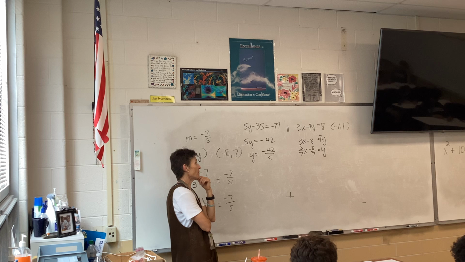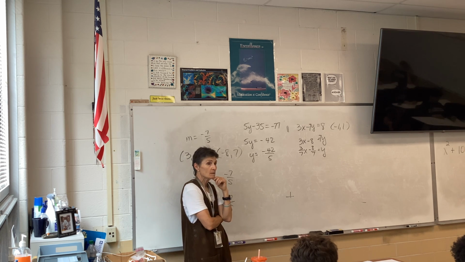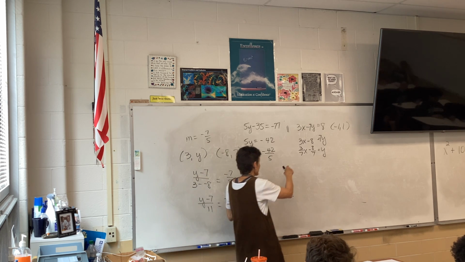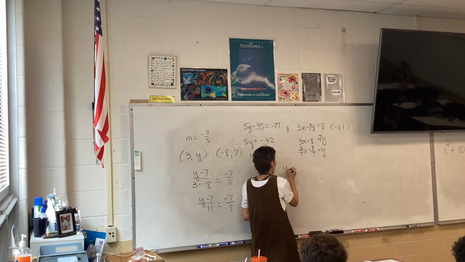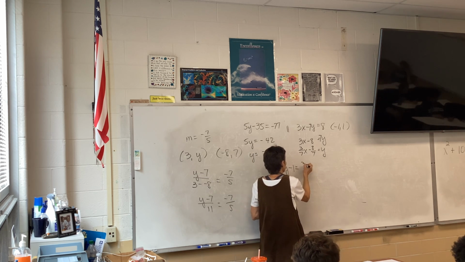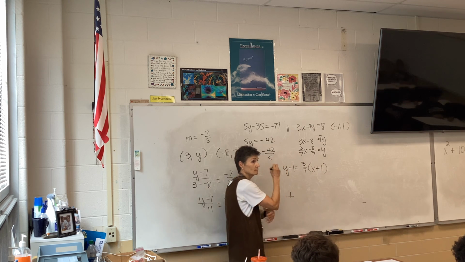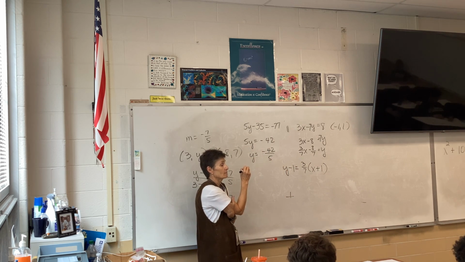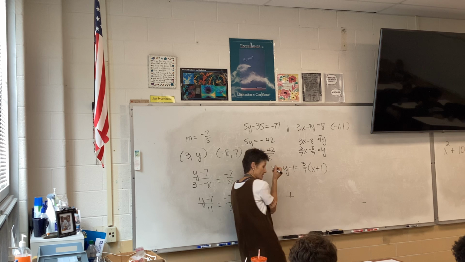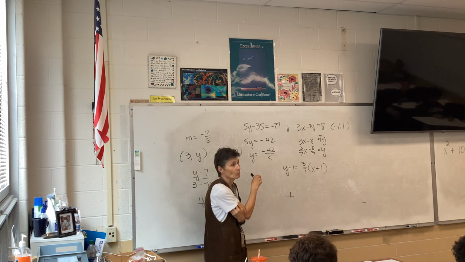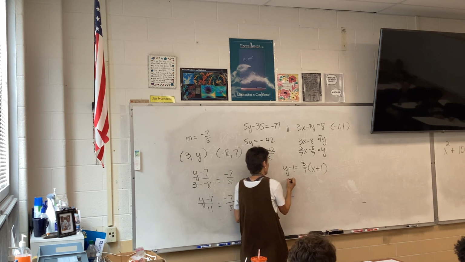If I'm doing parallel, then I'm going to use that slope. So y minus 1 equals 3/7 x plus 1. It stipulates I need slope intercept, so I gotta go ahead and work this out.